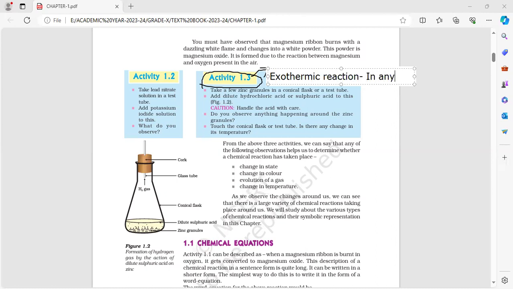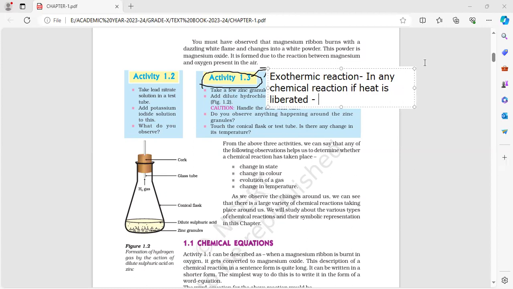So what is an exothermic reaction again? In any chemical reaction, if heat is liberated, that means heat comes out of it. Exit means out. So if heat is liberated out, then that is the exothermic reaction. If heat is absorbed, that is an endothermic reaction, which we are also going to learn.